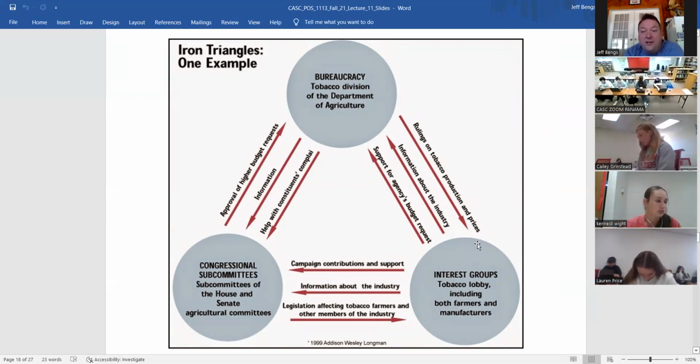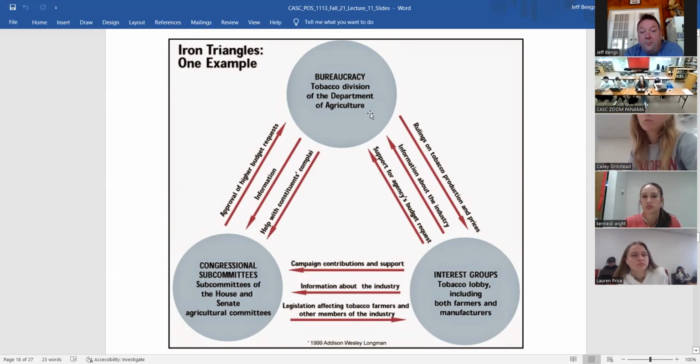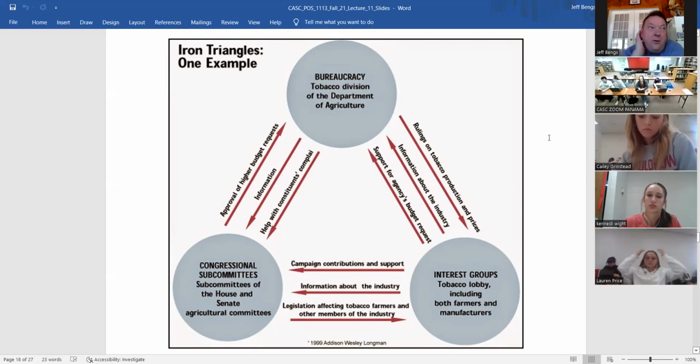Thus, the use of the word triangle. Tri means three. It's a three-sided group made up of interest groups, bureaucratic groups, and we haven't got to the bureaucracy yet, but we'll be getting into that next module.